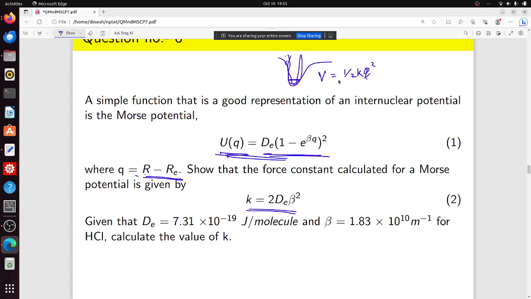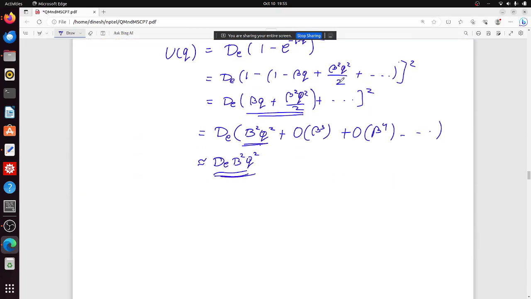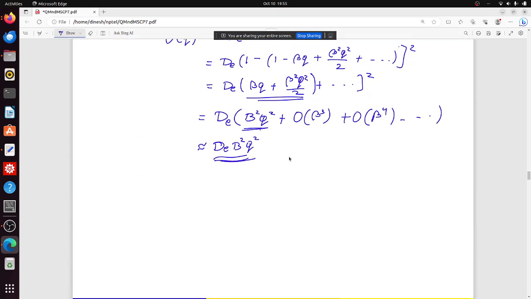This q is the displacement, a length unit. So if I equate this to half k q squared, then I can get the k value, right? q squared will be cancelled, then the k value will be 2 De β squared, right?